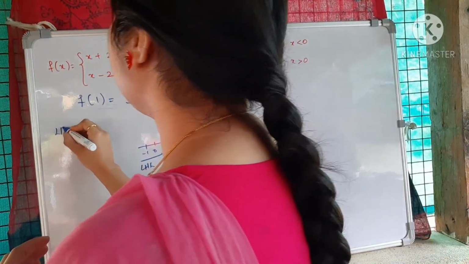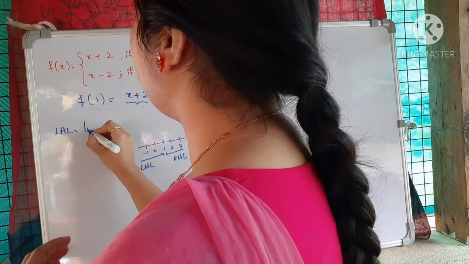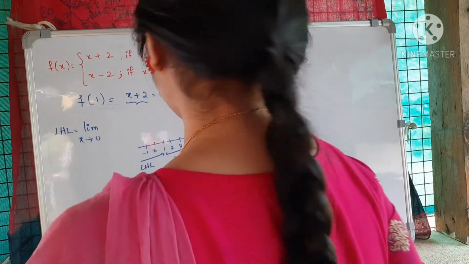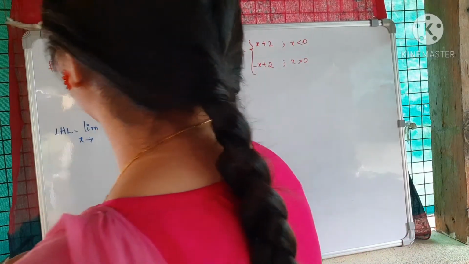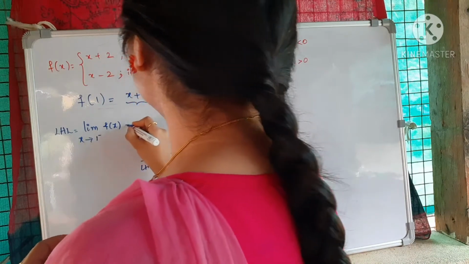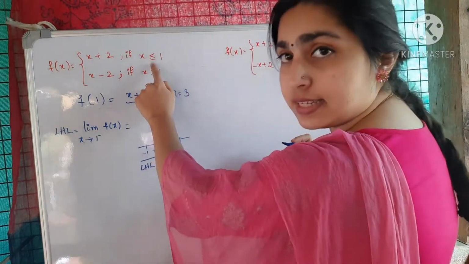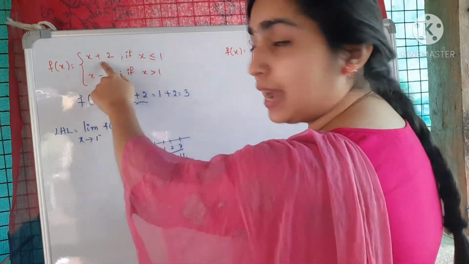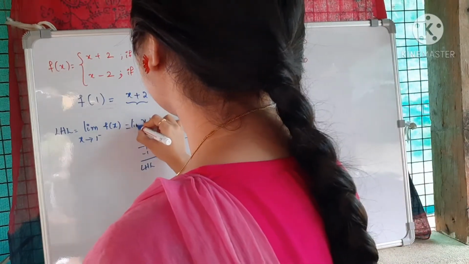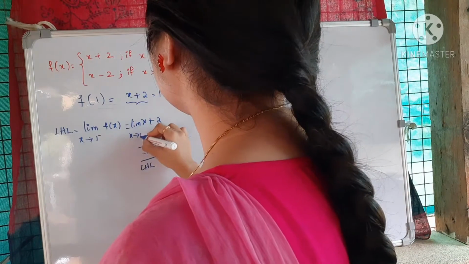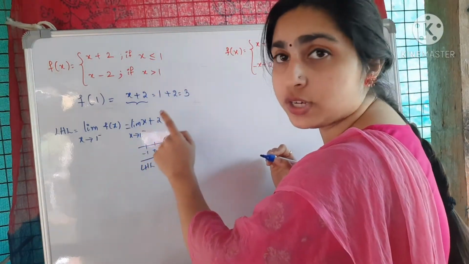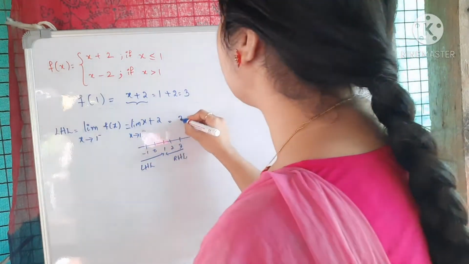And the left hand limit is given by limit x tending to 1 minus f of x. For that, it is less than or equal to 1, this is the equation. So I will consider x plus 2, limit x tending to 1 minus. Here I will substitute x is equal to 1, because it's for the point 1, so 1 plus 2, that is 3.